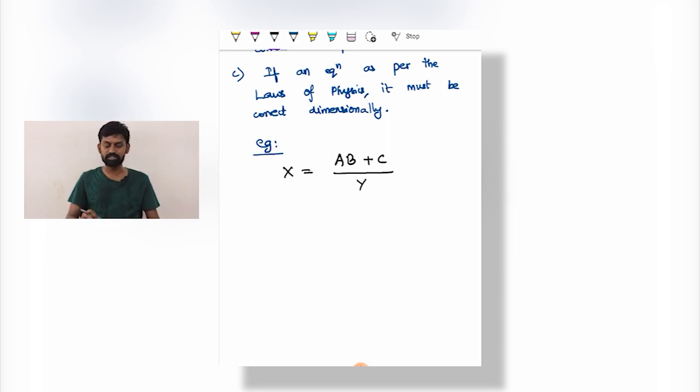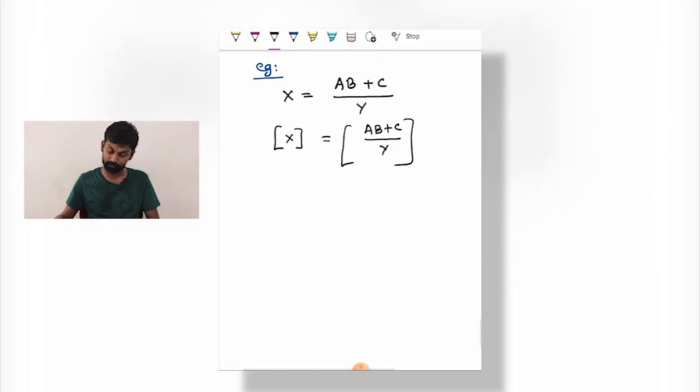There are 5 physical quantities here, x, A, B, C and y. If this equation has to be checked dimensionally, you have to write it like this: unit or dimension of x is equal to the unit of AB plus C divided by y. So whether an equation is correct dimensionally or not can be checked. The first step in checking the correctness of a given equation is with the help of units and dimensions.